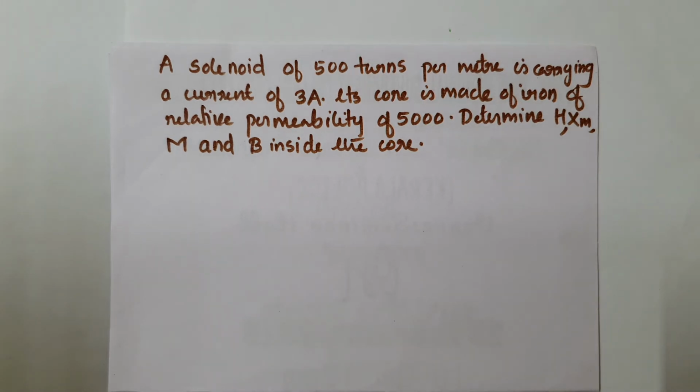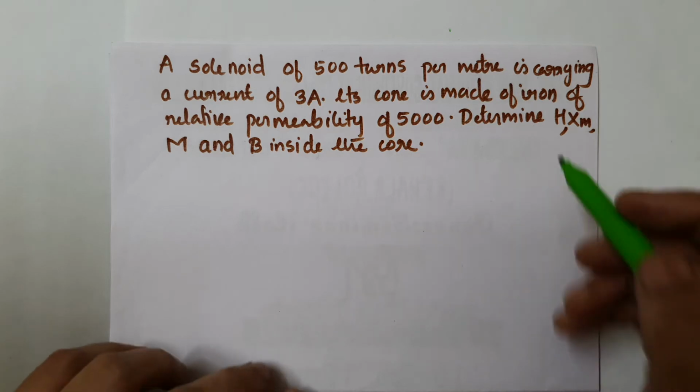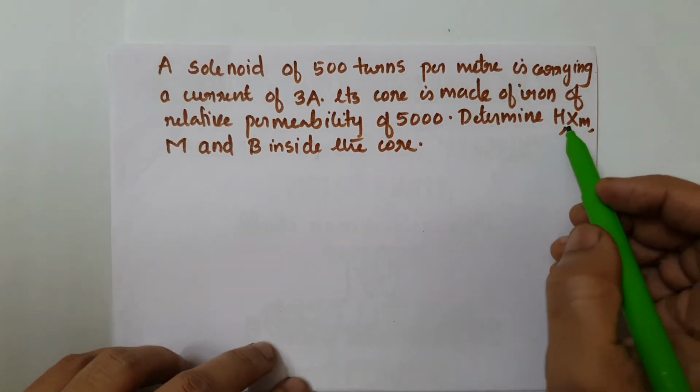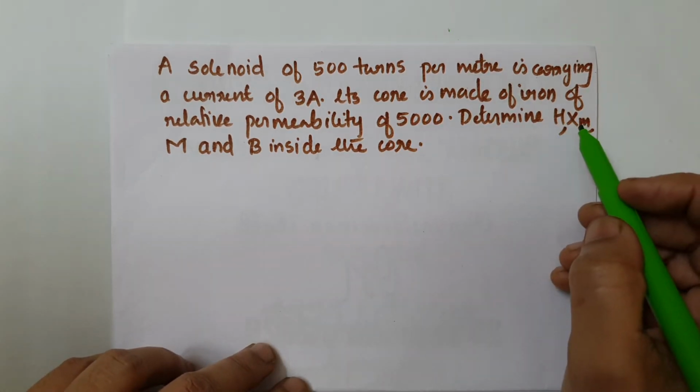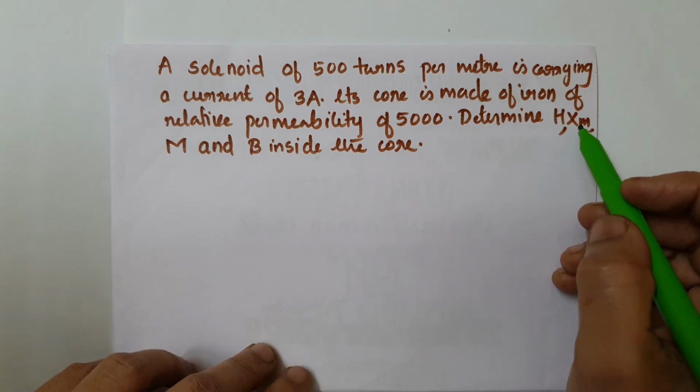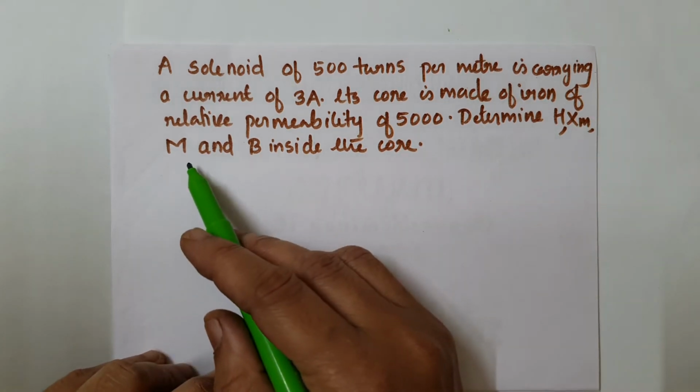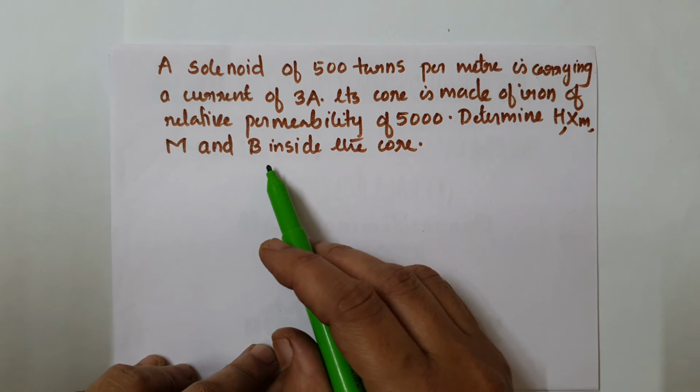Determine H, chi m, M and B inside the core. Here we have to find out the magnetizing field intensity H, the magnetic susceptibility chi m, the magnetization vector M, and the magnetic induction vector B.